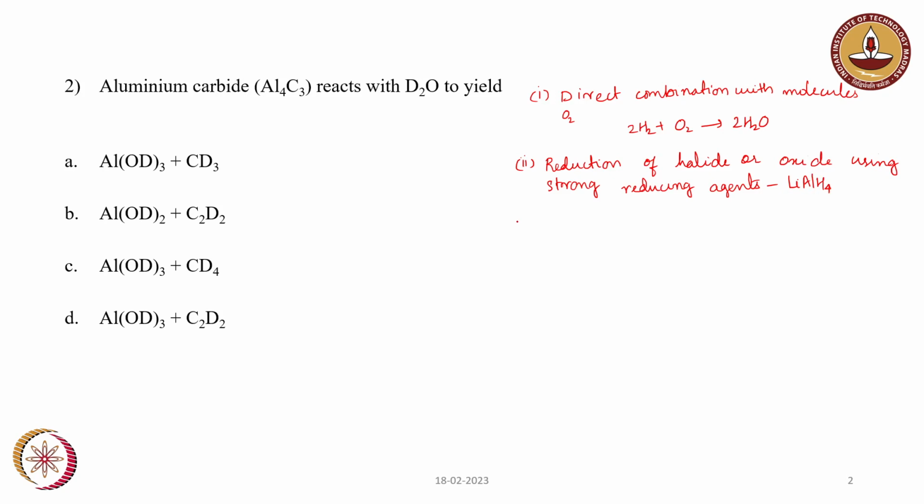And third was reduction of metal phosphide, carbide and silicide. Then fourth was in the conversion of hydride.